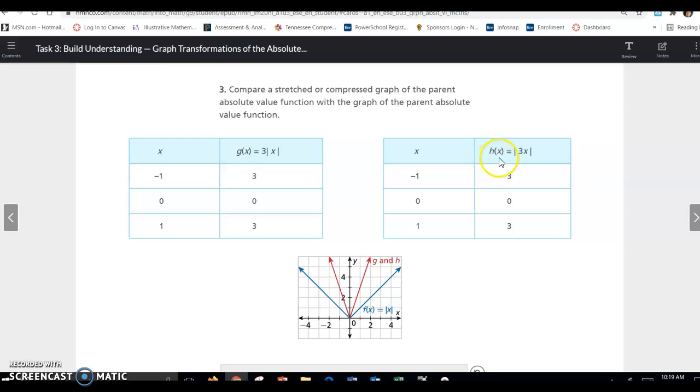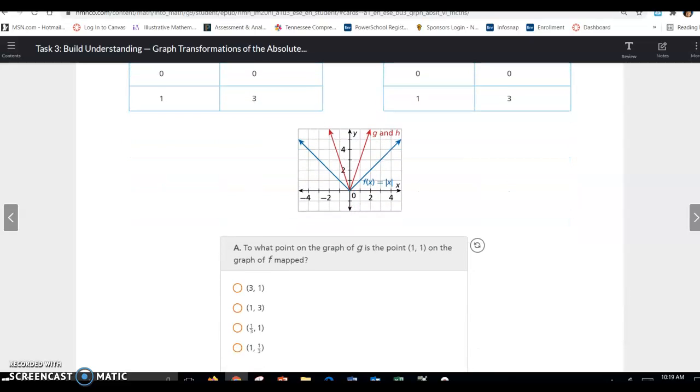If you do h of x equals the absolute value of 3x, again, we're going to put in the same x values, and we got the same y values out. So in this graph, g and h are the same red line because the points are the same in the table. The blue line is still the absolute value parent function.